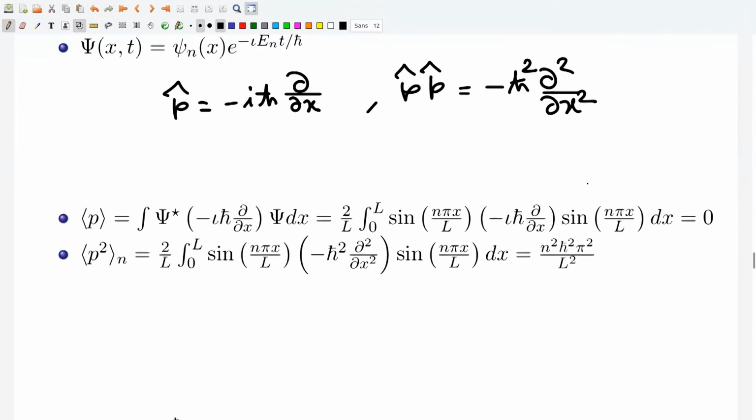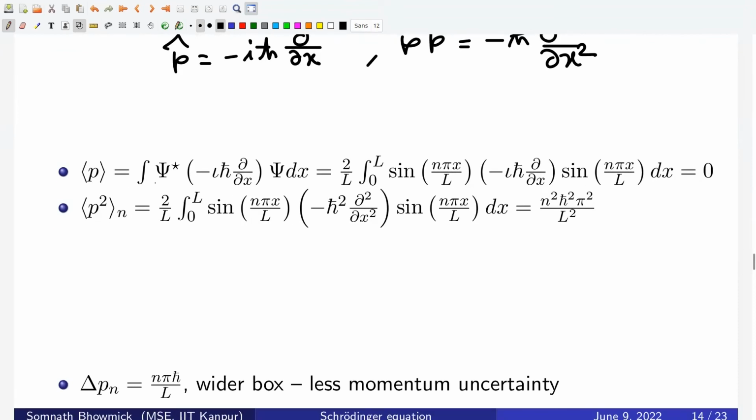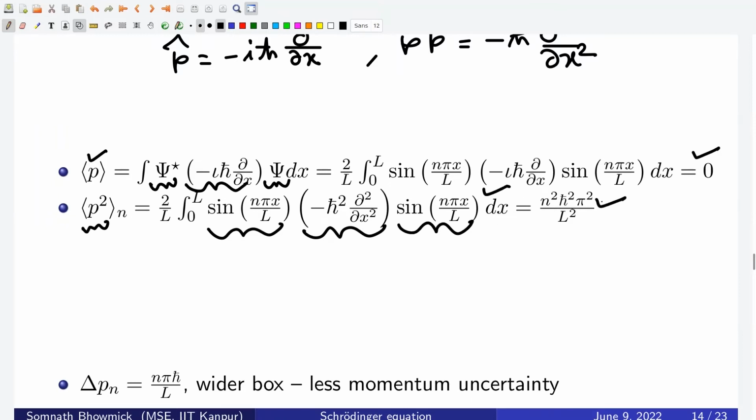Now, how do we calculate momentum expectation value? So this is given by psi star, the momentum operator, psi dx, and we have to calculate the integral, and then this turns out to be equal to 0. Similarly, for p square, we write psi star, and then this is the p square operator, psi dx, and if you calculate the integral, then this is what you get.